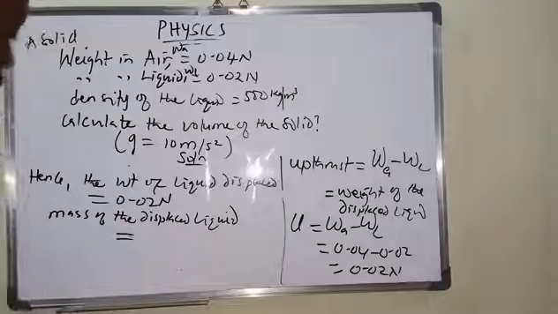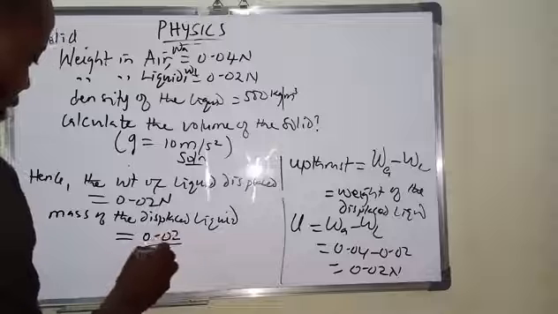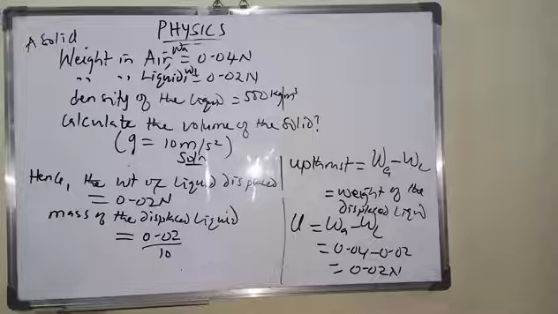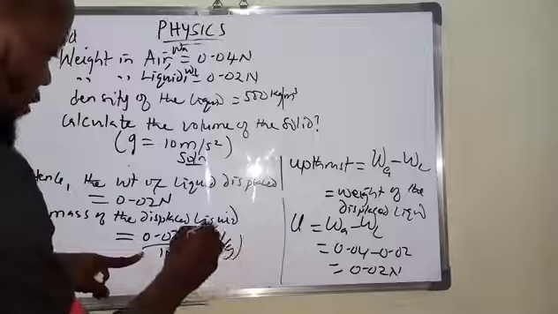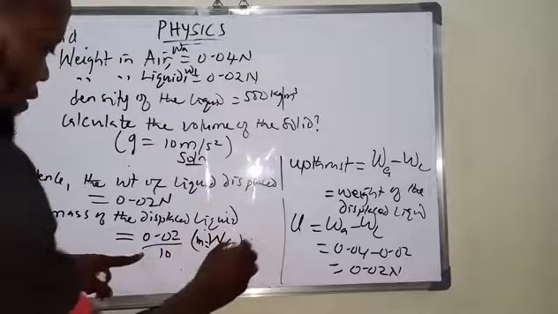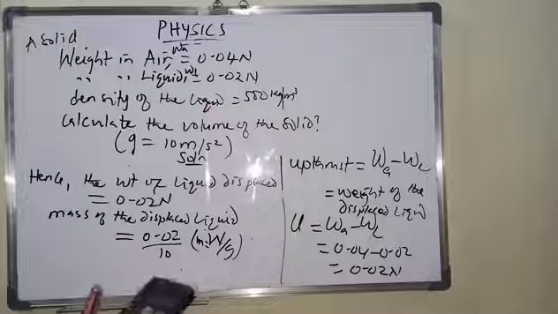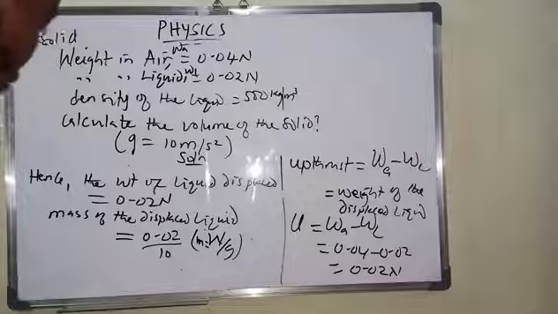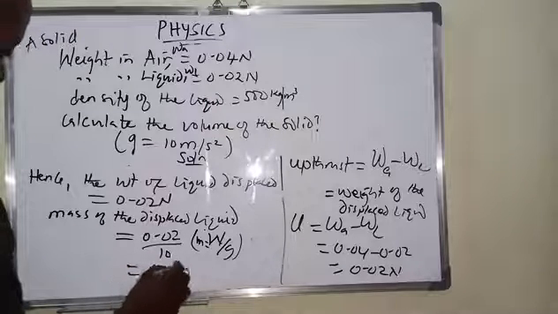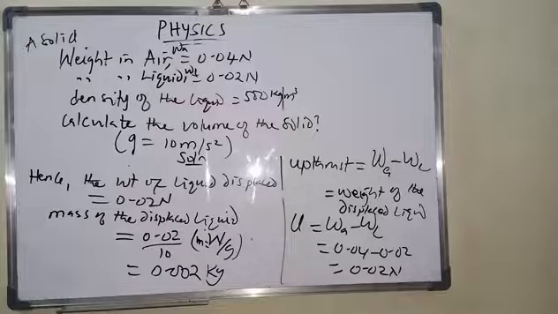That mass will be the weight divided by 10, where 10 is the acceleration due to gravity. The formula we have applied here is weight over acceleration due to gravity equals mass. And that should give us 0.02 by 10. It gives us 0.002 in kilogram.